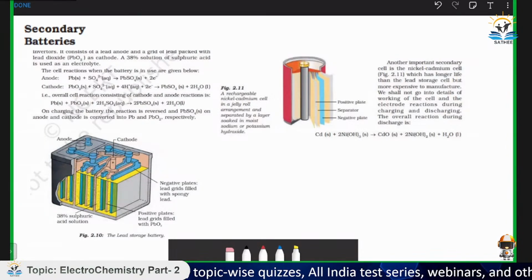And when you're charging the inverter, your H2SO4 is being formed, and you need water. So in inverters, you will often add water when it's charging. This is the reason: you need water in the reverse reaction.